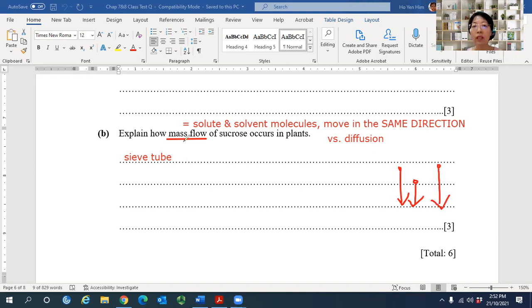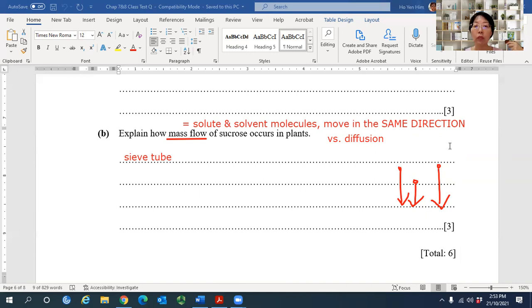So mass flow in sieve tube and mass flow in xylem vessel, both are driven by certain kinds of forces. So they're asking you for the forces that drive the mass flow in sieve tube. Of course, the mass flow in the xylem vessel is due to cohesion tension, which is transpirational pull, as well as capillary pull, and there's also root pressure, right? 3 mechanisms.